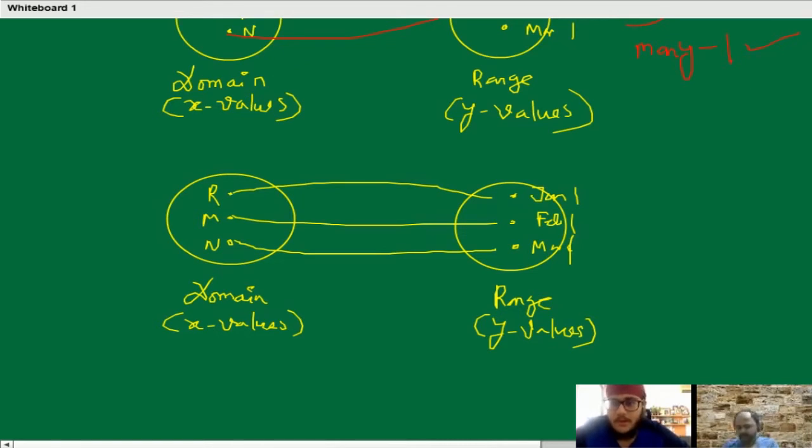So what you meant to say, Manu, is that three different players can have three different birthdays, right? In our real life it's possible. In the same way for a set it is also possible. This is called a one-to-one function.